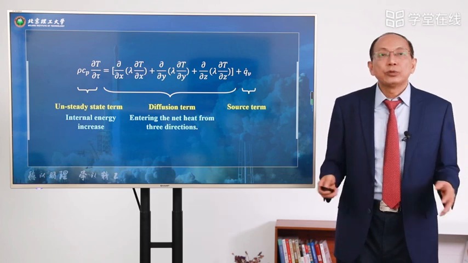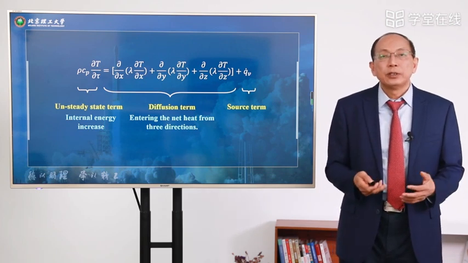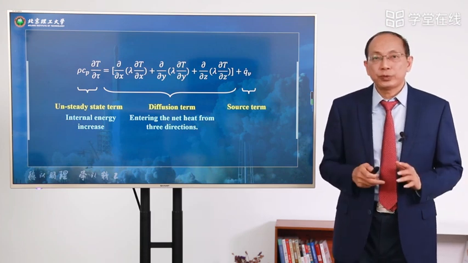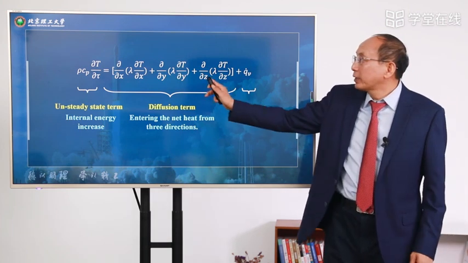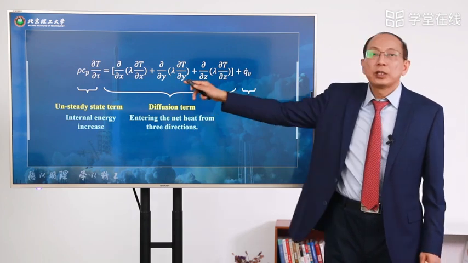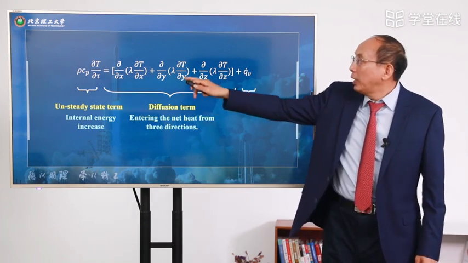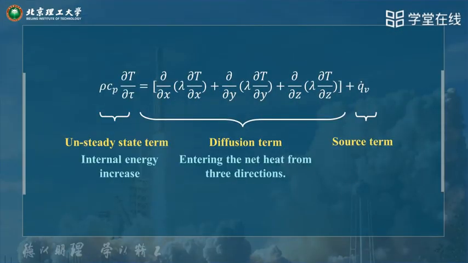Okay, let's go back to discuss the conduction equation. We can find the conduction equation looks like this. The left term we can call the unsteady state term, meaning the internal energy change. The first term on the right means the diffusion term, the net heat entering from three directions.